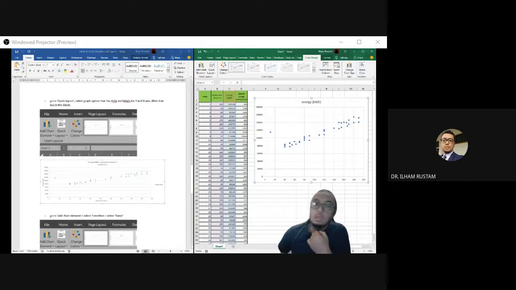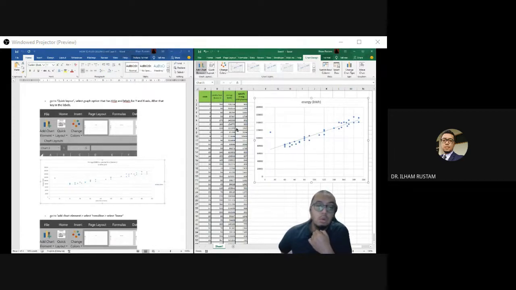And then from there, you need to go into add chart element, go to trend line, and then choose linear, because we are trying to approximate a linear equation. We are not trying to approximate exponential or linear forecast. We are more focused on linear. We are not doing that much mathematical statistics.